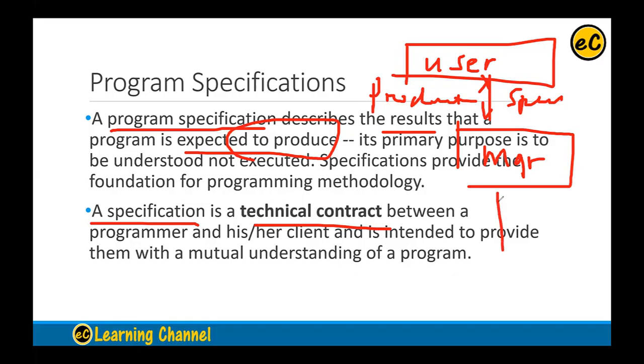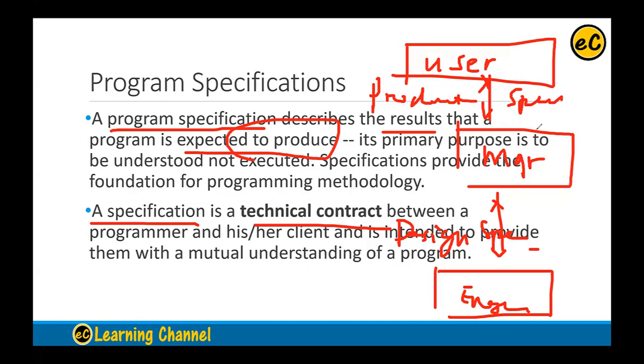And then your manager would have another spec with the engineer that we call the design spec, okay? The product spec is the contract between the user or the client and the manager, the company. This actually is a contract, meaning that you need me to do this, and I would like to finish it within a certain time, to generate a product for you. So that becomes a contract between your user and manager.